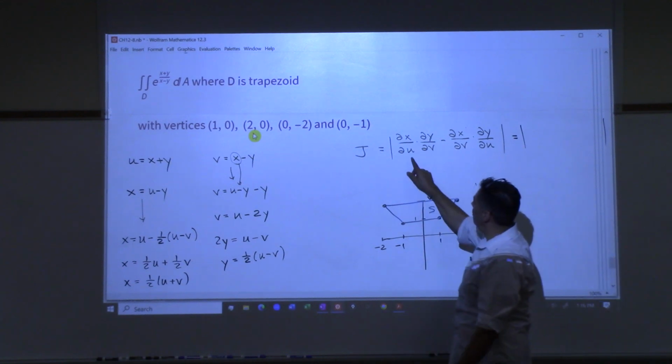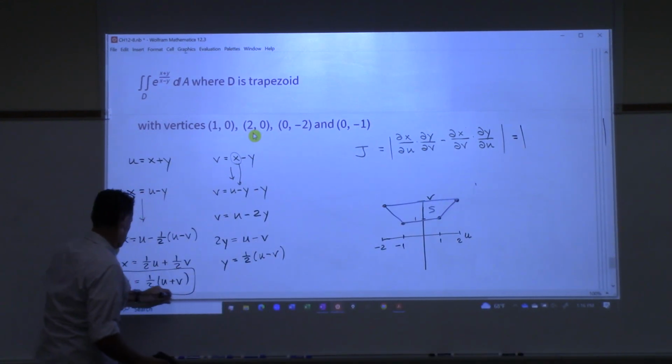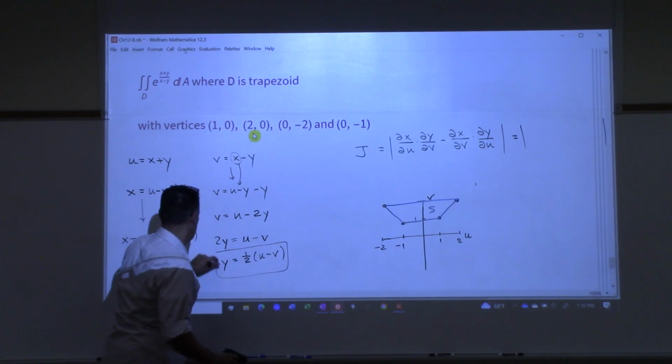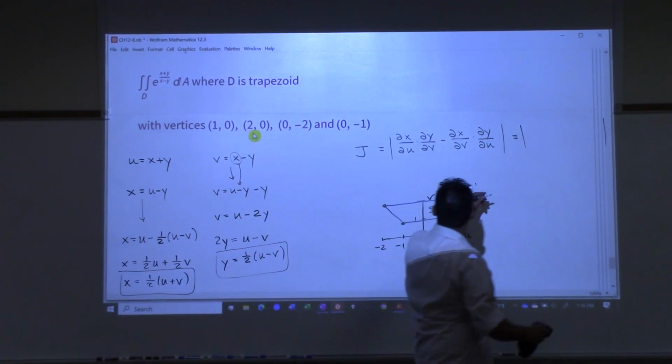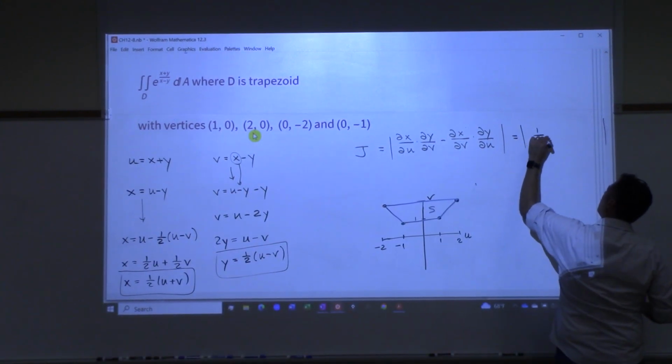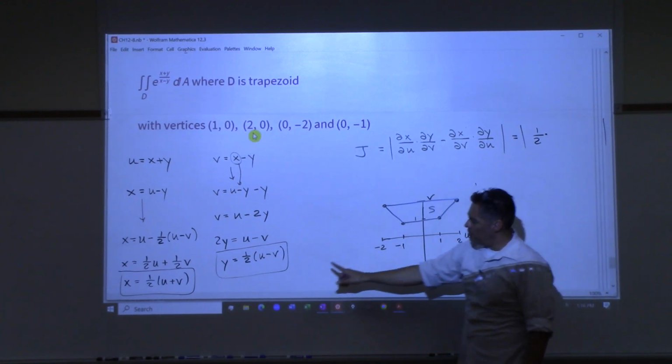So partial of x with respect to u. So here's x. Here's y. So the partial of x with respect to u, the derivative of u is 1, derivative of v is 0, so that's just a 1, then half of 1 is a half. So we just get that coefficient 1/2 there. Times partial of y with respect to v, so here's y.